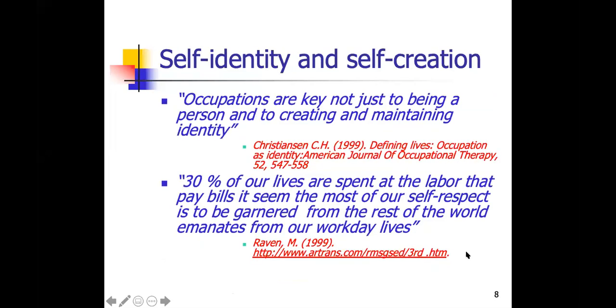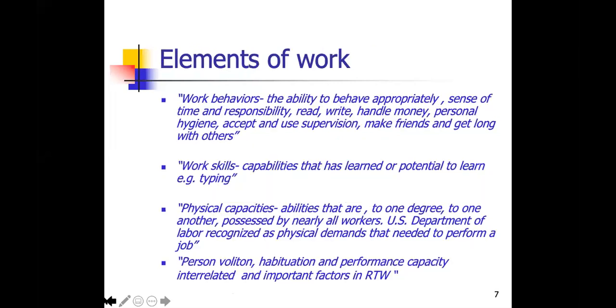And then in this one, from the model of human occupation, in terms of the person, volition, habituation, and performance capacity are interrelated and important factors. In terms of return to work, we also need to understand the person's volition, the person's motivation. We must address it also. For example, people who suffer stroke, because of their disability, have low motivation.